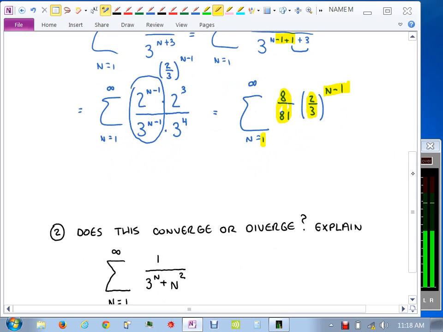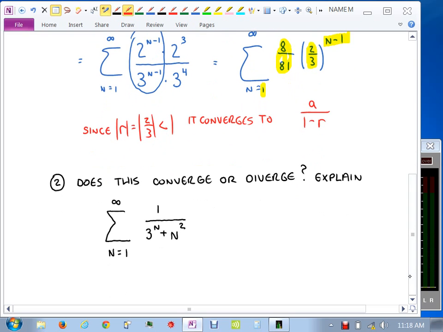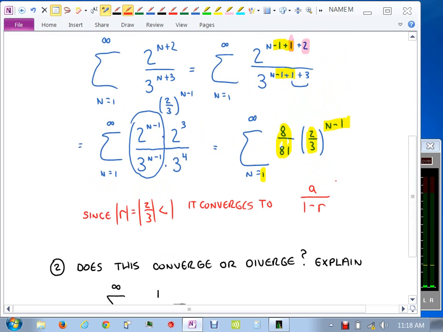So the answer to this is, since r equals 2/3, and the absolute value of that is less than 1, it converges to a over 1 minus r, which for us is, I'm kind of running out of room. I'll do it. Where can I do it?